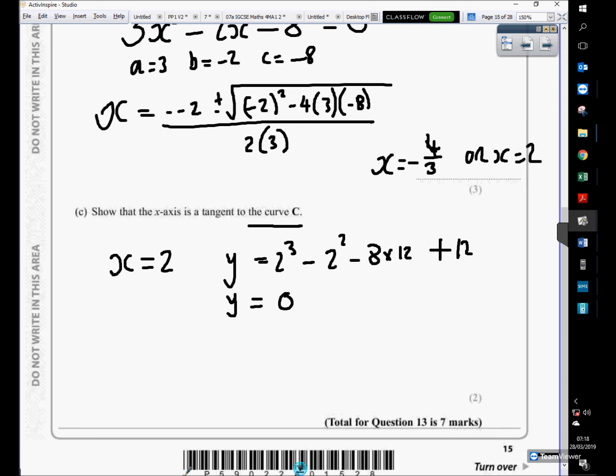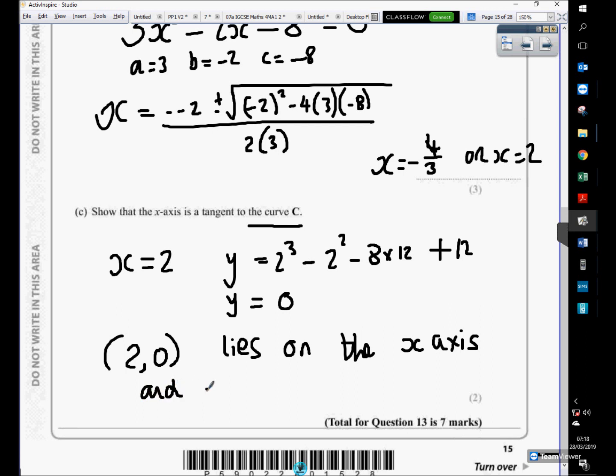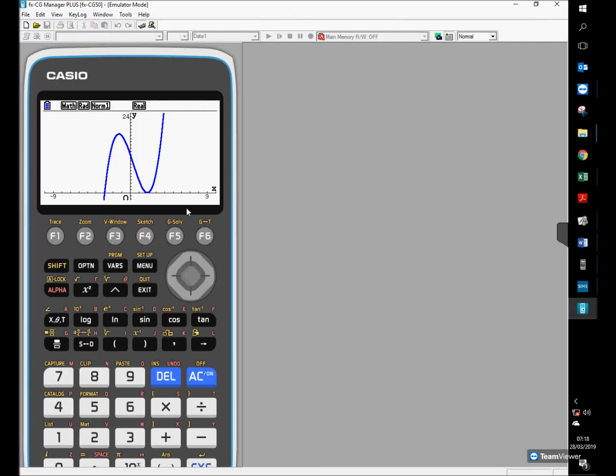Now, how does this demonstrate it? Well, if you think about it, the point 2, 0 is on the x-axis. 2, 0 lies on the x-axis and is a turning point.